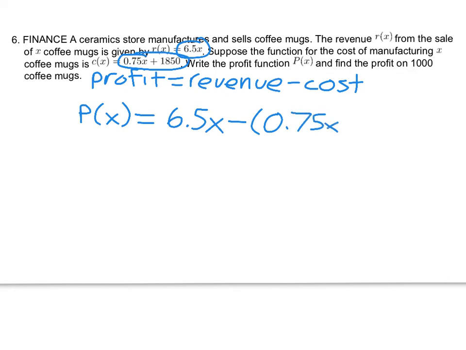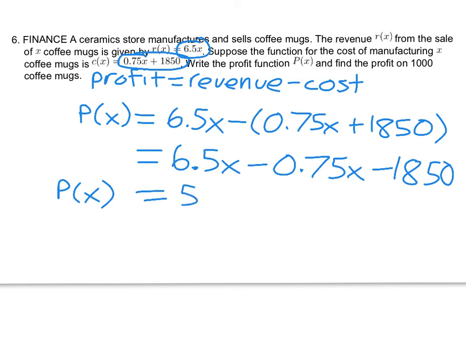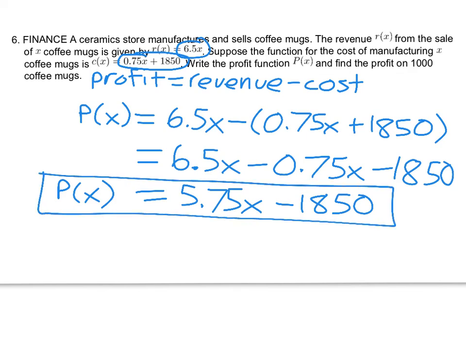And I want to subtract both of these, so I'm going to put parentheses and then distribute the negative. Okay, so this is our P of x function. 6.5x minus 0.75x is 5.75x minus 1,850. Okay, that's the first thing they asked for. Second thing they asked for is the profit for 1,000 coffee mugs.